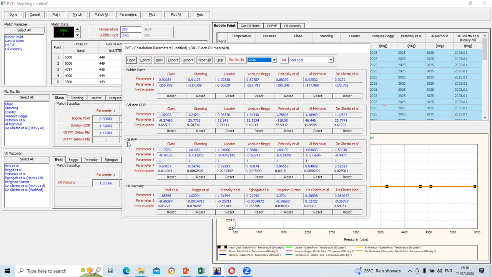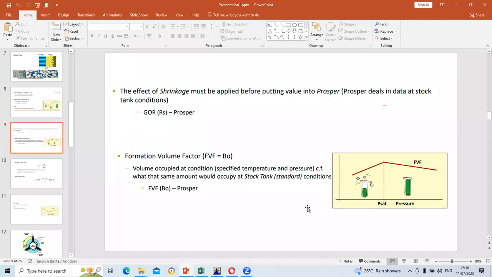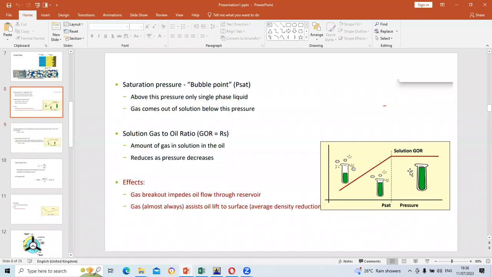If you look at oil formation volume factor, we have parameter 1, 2, 3, and 4. I will go back to this PowerPoint and look at it. If you see the oil formation volume factor, you realize that you have two regions that have distinct shapes. But if I come to the solution GOR, this one here is more or less constant.